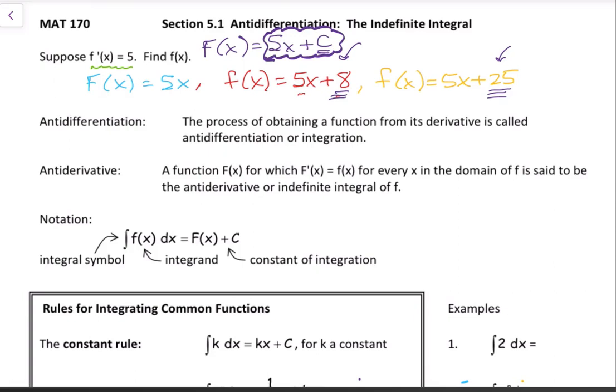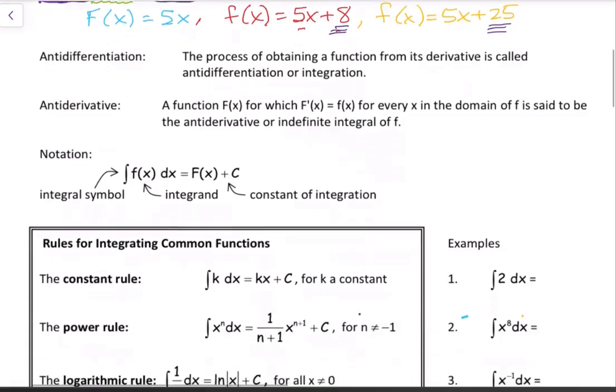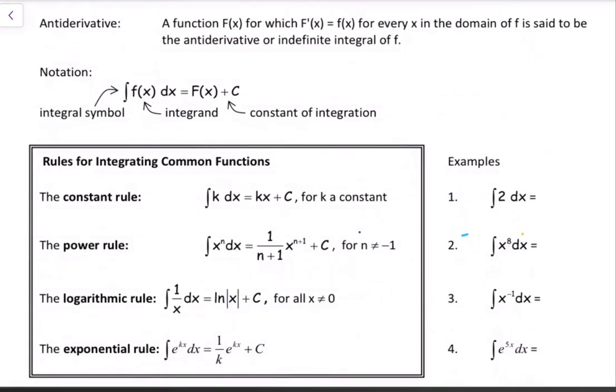Now, a couple of notations, because we're not going to say find f of x if the derivative is. We have a symbol for that. So if we go over the notation for integration, the first thing is the integral symbol. And that integral symbol just looks like this.